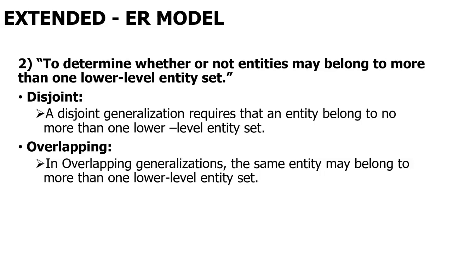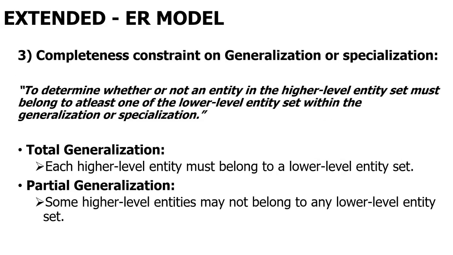Whether you have only one lower level entity or multiple, you have to map your given entities with the help of the disjoint and overlapping concept. The third one is the completeness constraint on generalization or specialization. We have already seen total generalization and partial generalization. In total generalization, each higher level entity must belong to a lower level entity. Partial means may or may not: they may belong to a lower level entity, or they may not.